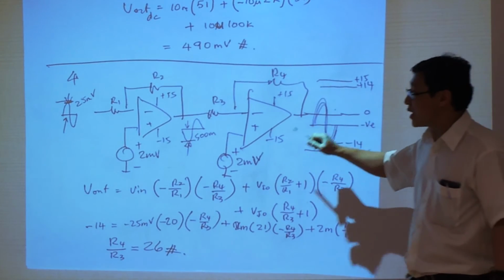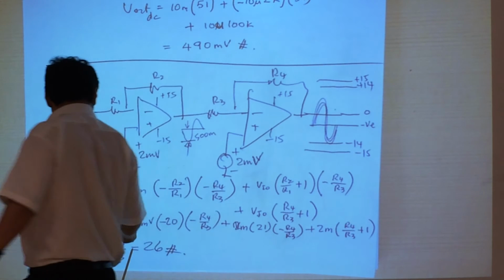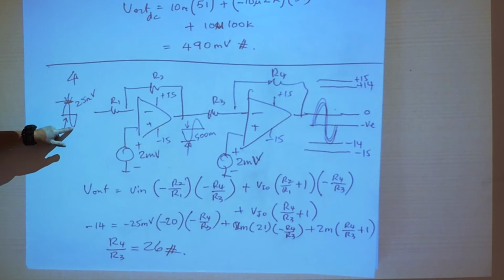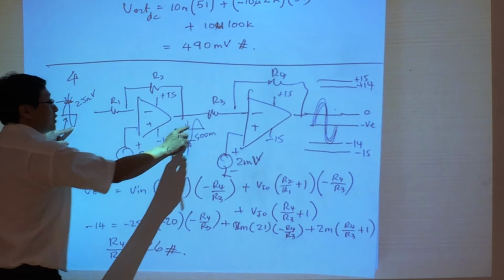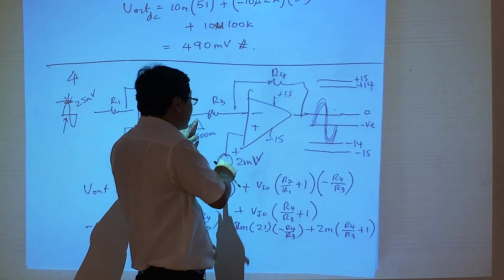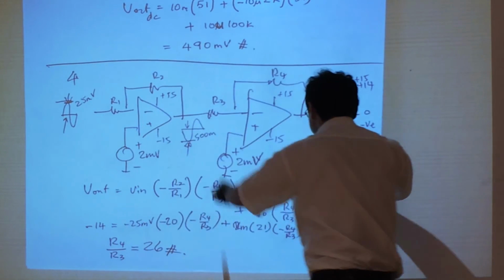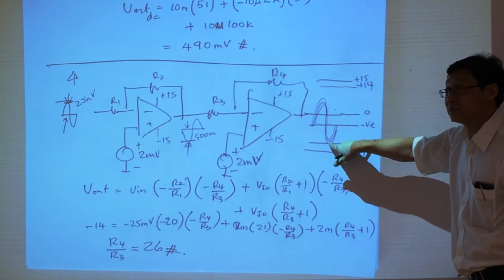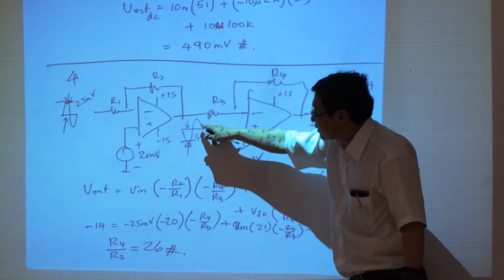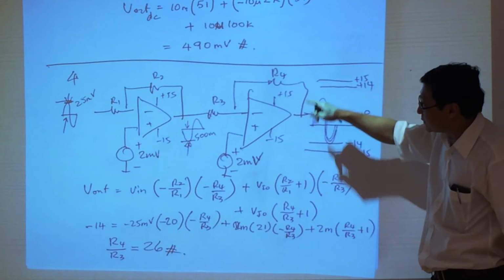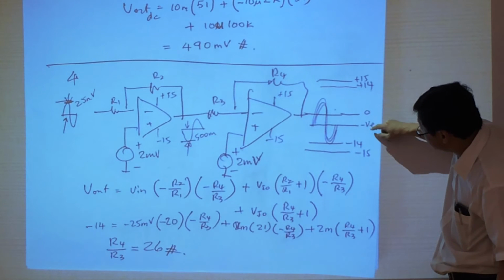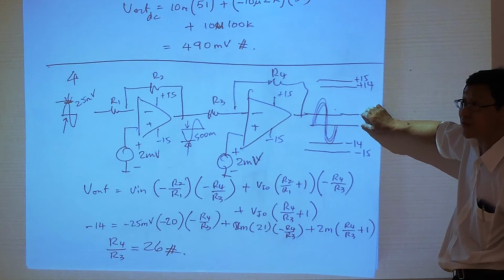This is exactly why we use minus 14 and minus 25, because when the input is minus 25, it corresponds to this point, 500 millivolt, and this 500 millivolt will correspond to this point, minus 14, by going through this gain stage, because 500 millivolt when multiplied by 26 will give you minus 14 when you subtract another voltage of minus some value.